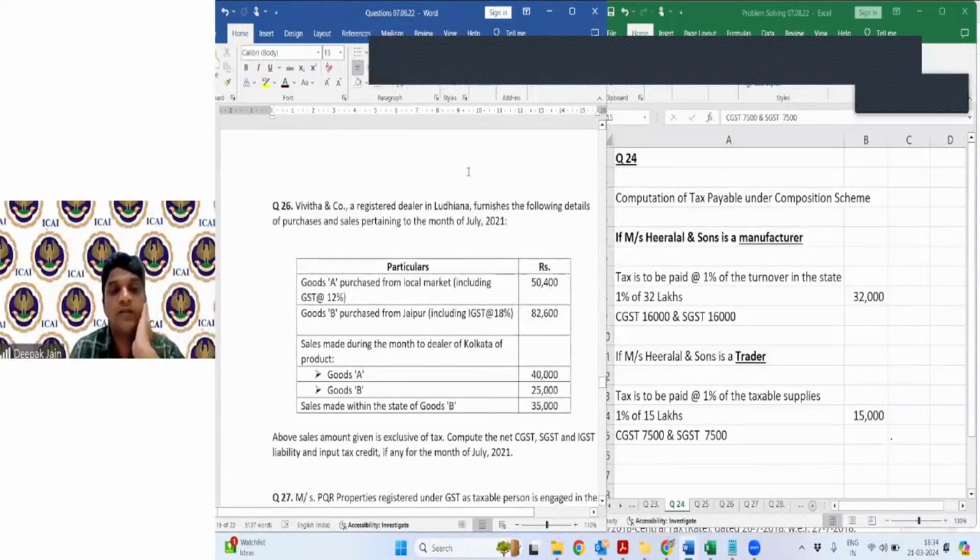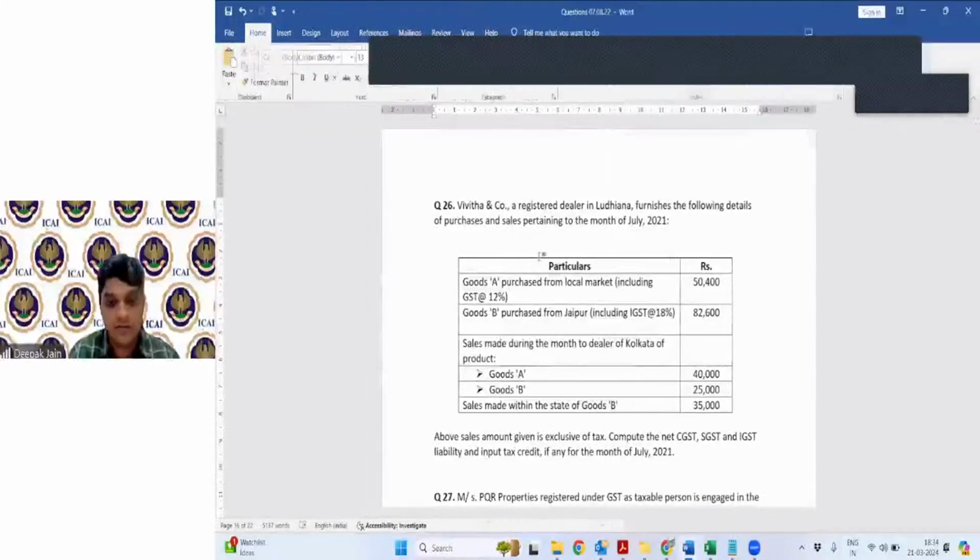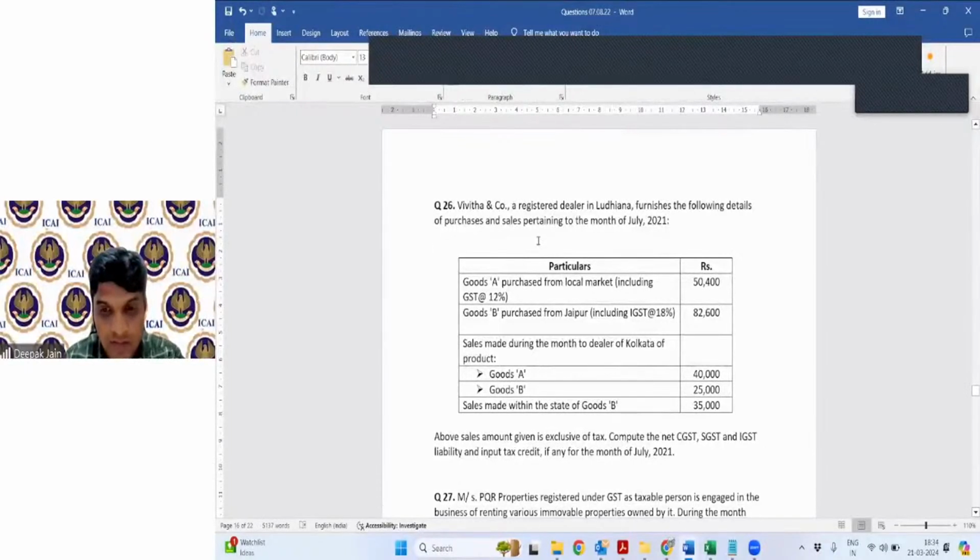Vivita and Company, a registered dealer. Tax is exempted under composition supply and not composition scheme, right? Didn't understand your question, Tanishka. The tax payable is on the total turnover or the taxable turnover.